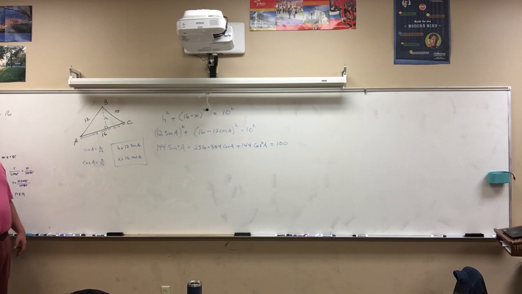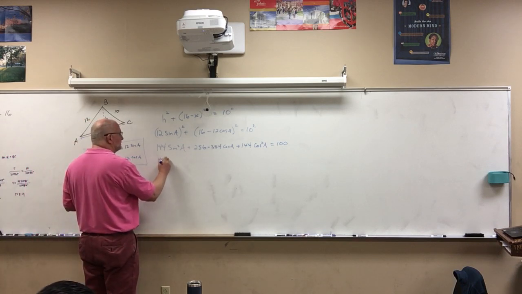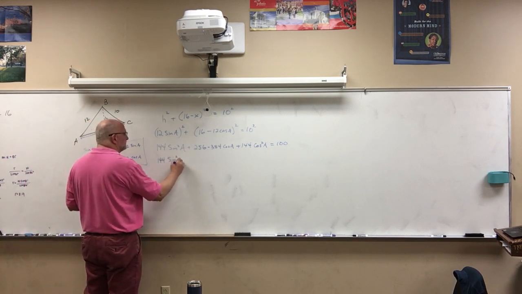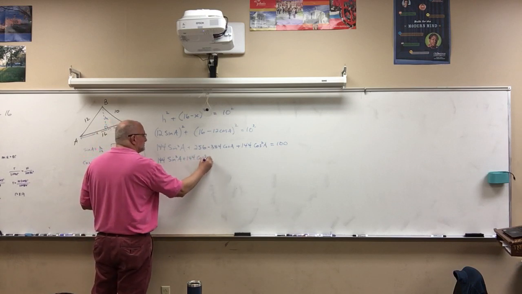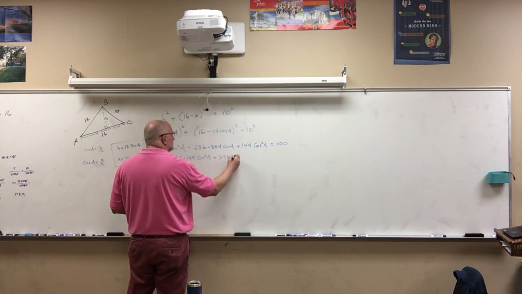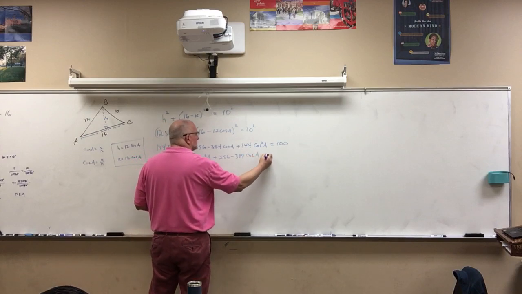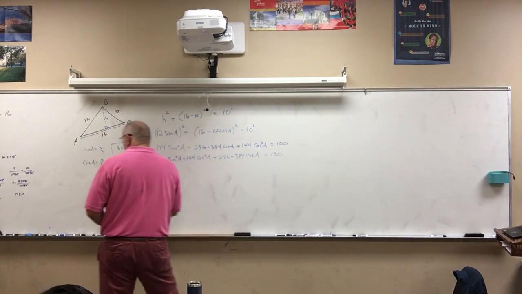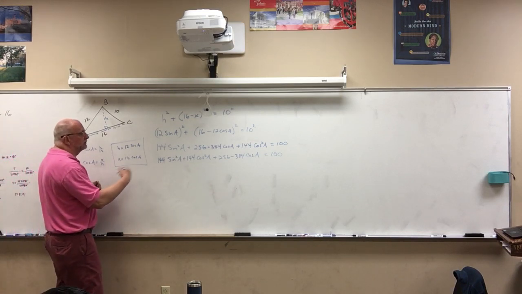Looks like a mess, but I'm going to rearrange this so that the 144s are together, and then factor out 144 just from the first two.